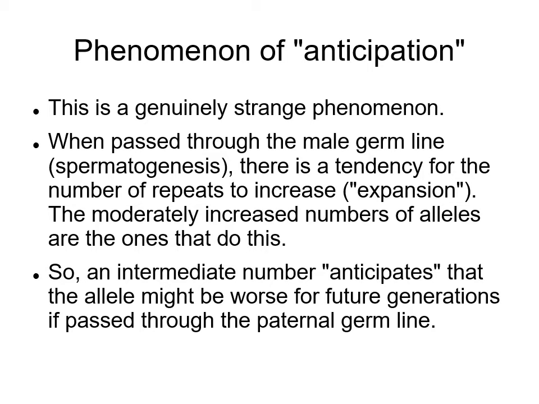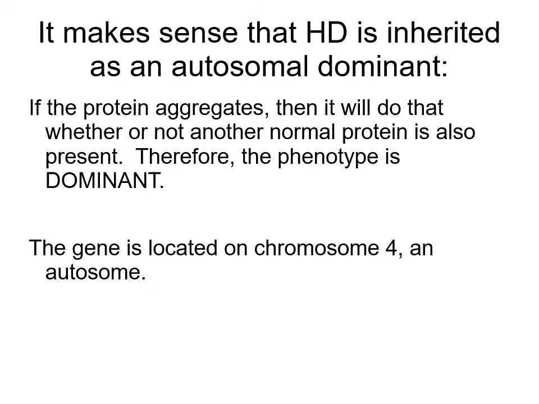So the child will inherit a number of repeats that's more than what the father had, and will be much more affected than the father initially. So the intermediate number, which is borderline, anticipates that it's going to get worse in future generations. This is really an unusual phenomenon. Okay, reiterating, it's inherited as an autosomal dominant because the protein is going to aggregate whether or not the normal protein is there.